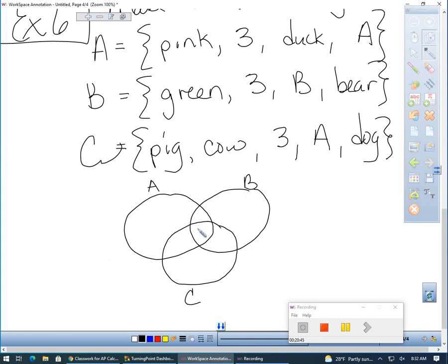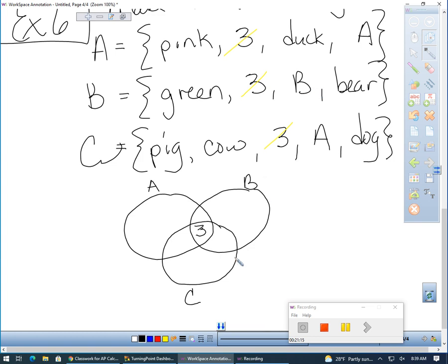In the very middle is anything that's in all 3 sets together. The number 3 is in all 3, so that's going to go in the middle. Is that the only thing that's in all 3? Yes, I agree. So I'm going to now cross that one out. All right. Now, let's do the overlap between A and B. Is there anything that's in just A and B that hasn't already been talked about?